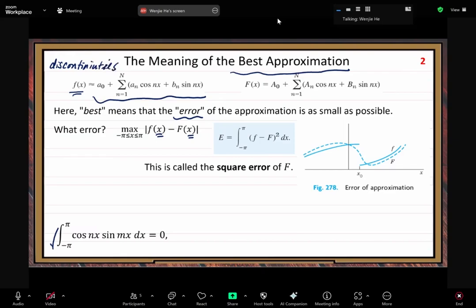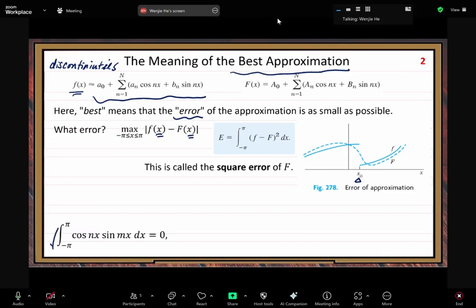Here, in this picture, we only consider one discontinuity. At x0, it is discontinuous. At a discontinuity point, we want to see how good the approximation is.